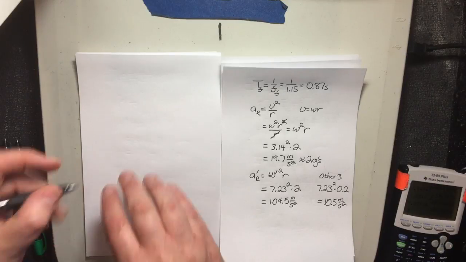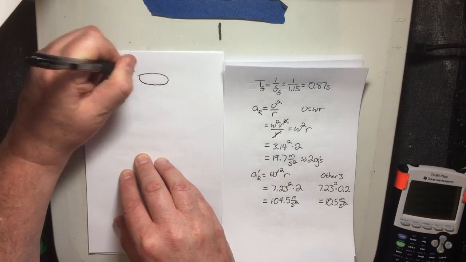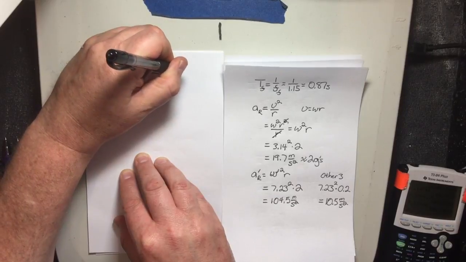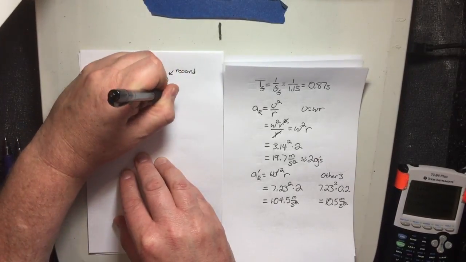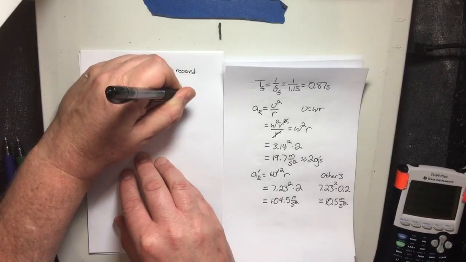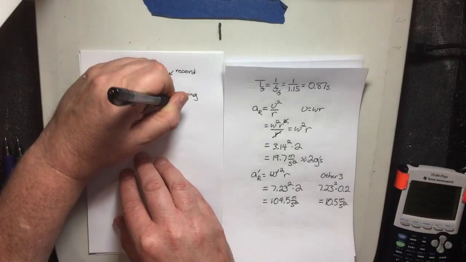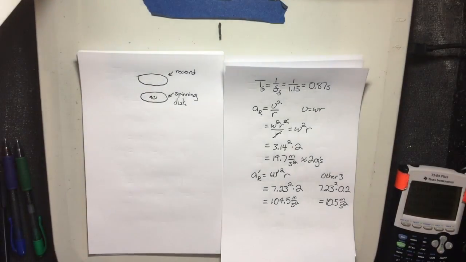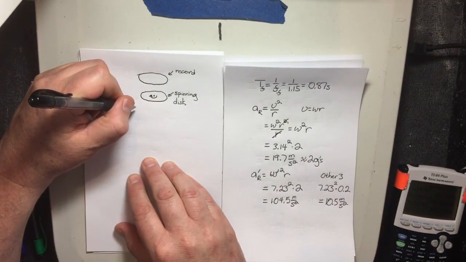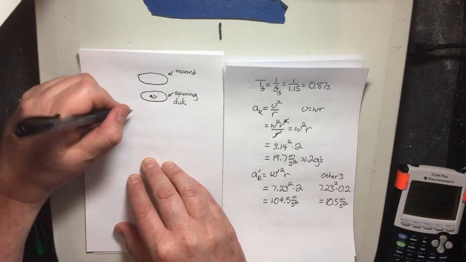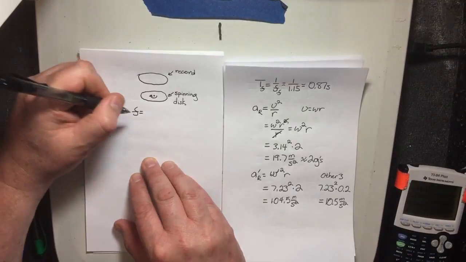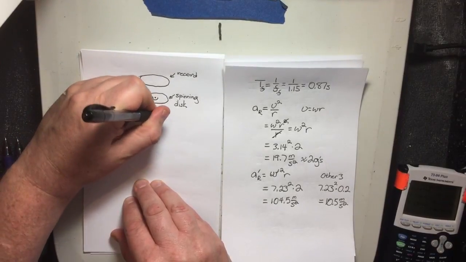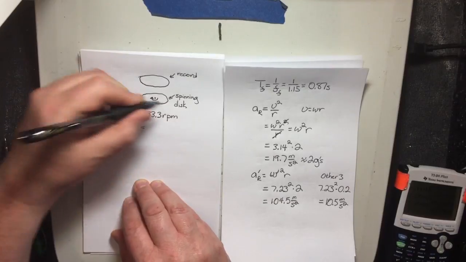You can do the same thing if you had a record and a spinning disc. 33 1/3 rotations per minute is a good frequency for back in the day when they put music on discs.